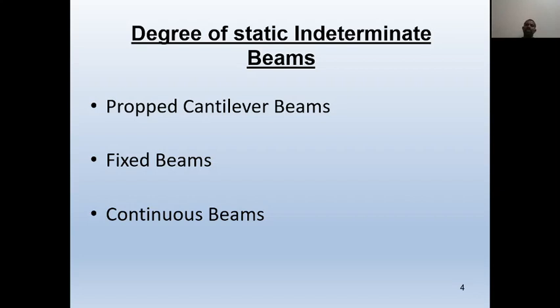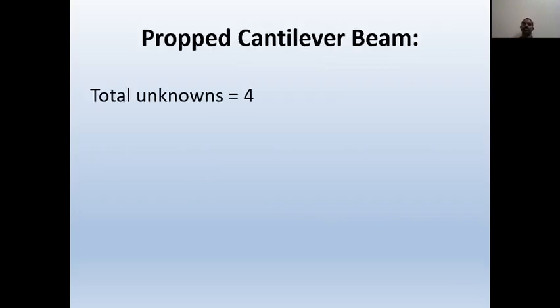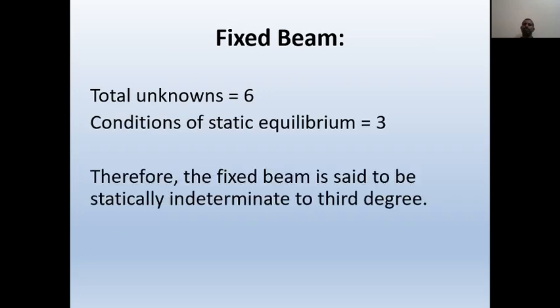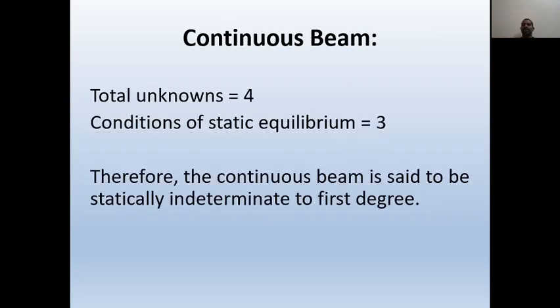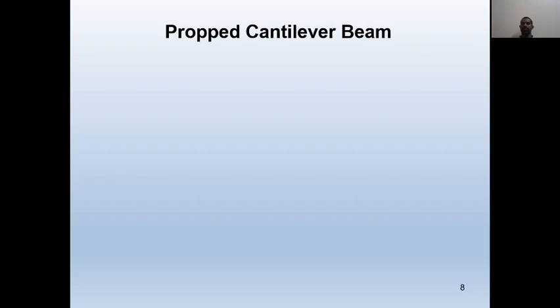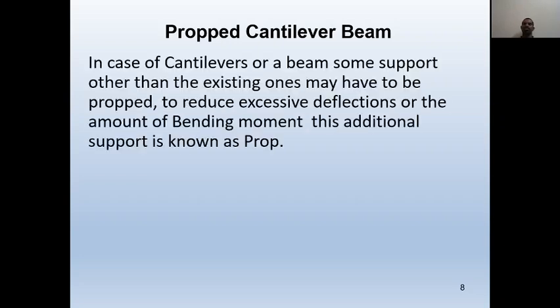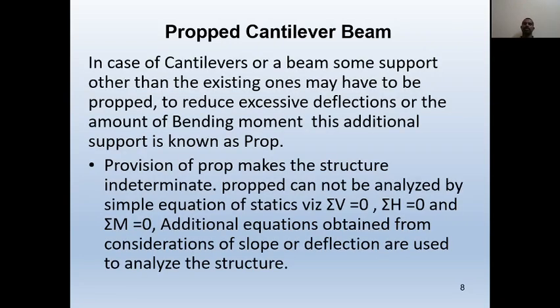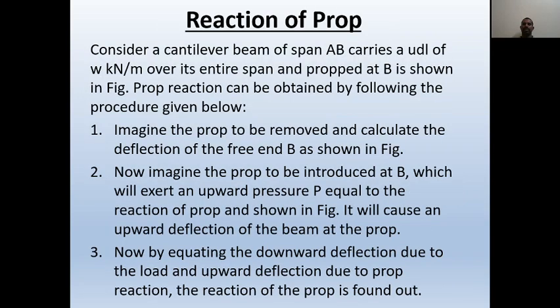We have also discussed that the required additional equations can be obtained from slope and deflection equations. As an example we took the propped cantilever beam, its degree of static indeterminacy, and for a continuous beam and a fixed beam the degree of indeterminacy. And this is the procedure for calculating the reaction of the prop.